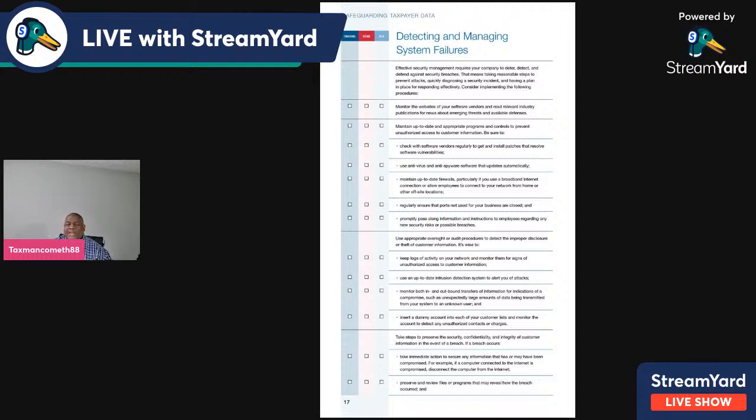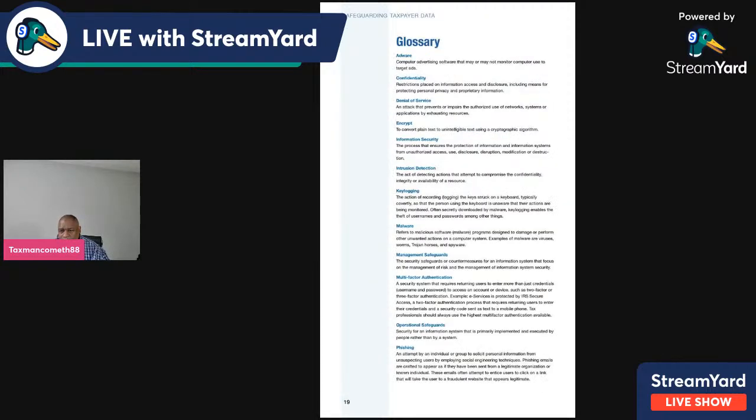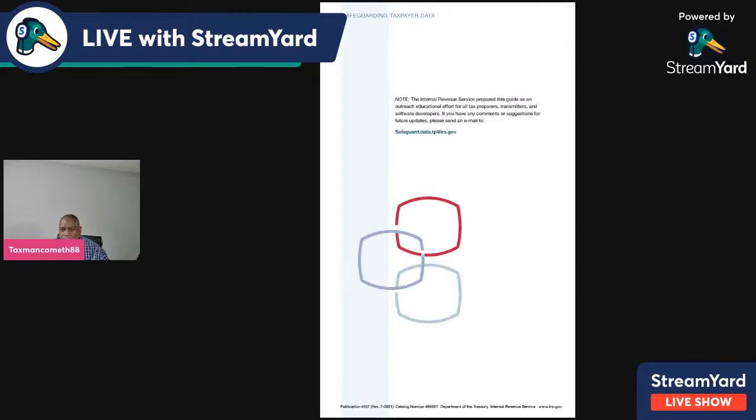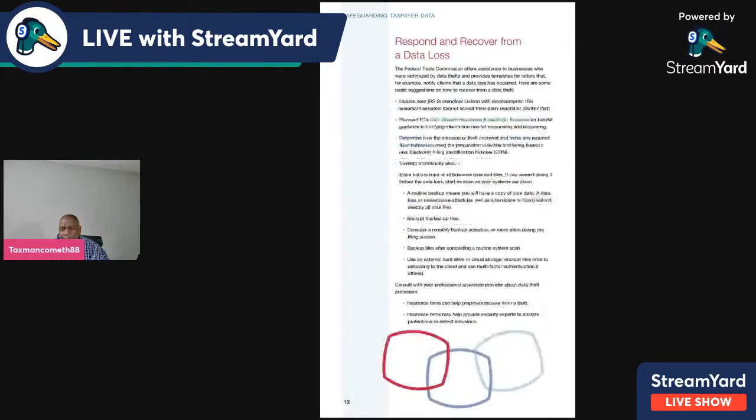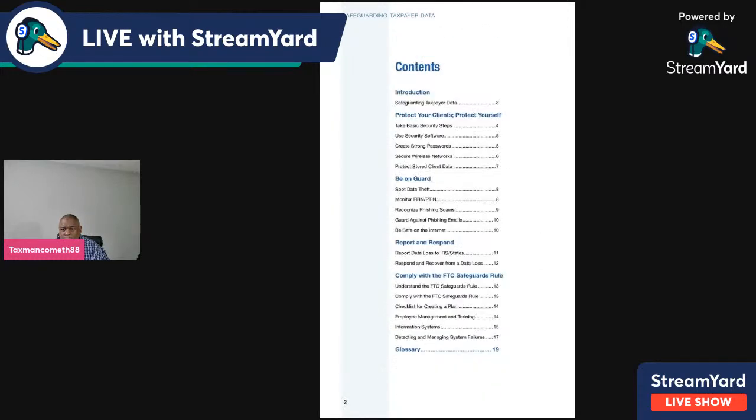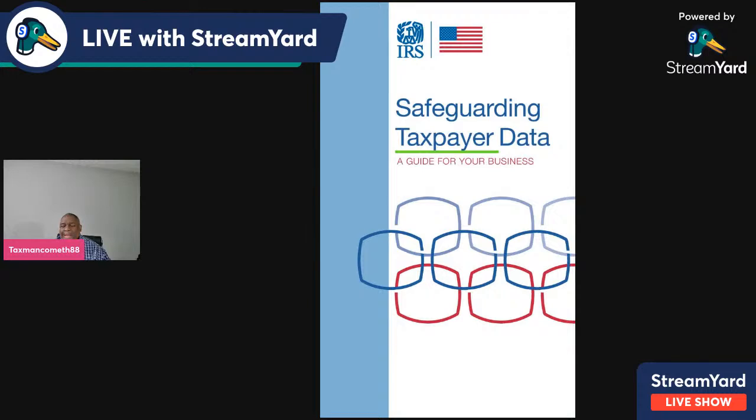If you're not the person that wants to do it, definitely take advantage of that opportunity by outsourcing it to someone that you know, like, and trust, who you believe can get the job done for you at an affordable rate. And so that's what we offer when it comes to this situation. When it comes to safeguarding taxpayer data, with identity theft being what it is right now, everyone has been affected all across the board.